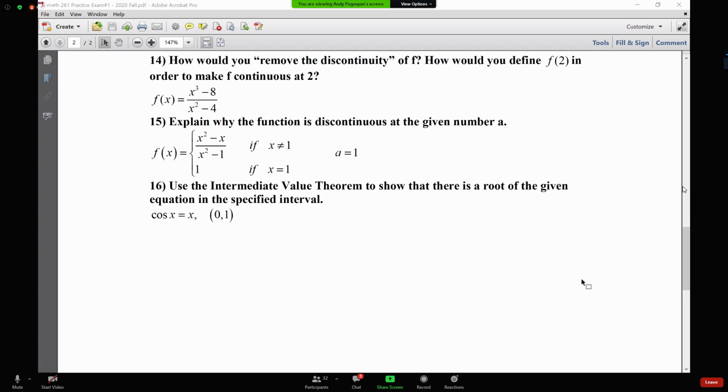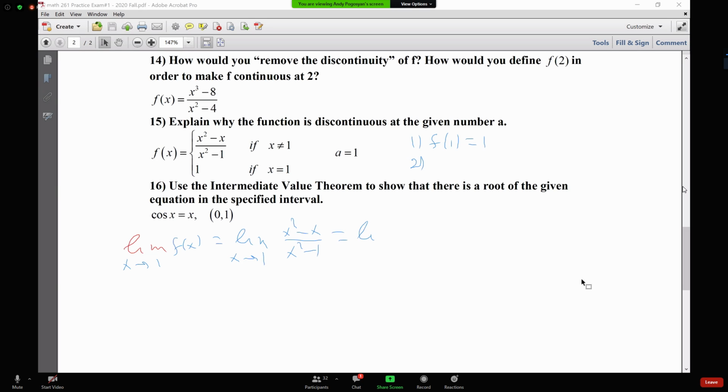Now, limit of f of x as x approaches 1 equals limit as x approaches 1. Notice that f at 1, first condition is fine. f at 1 is 1. We have it. Now second condition.